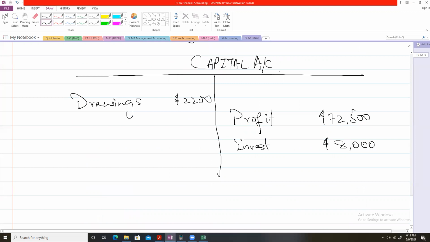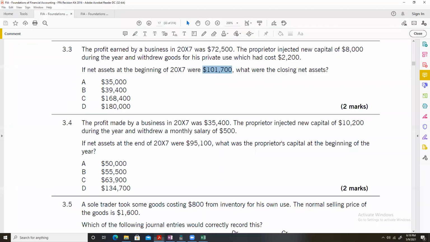Now, what is the question? The question requires us to calculate the closing net assets, which means the closing balance of the capital account.